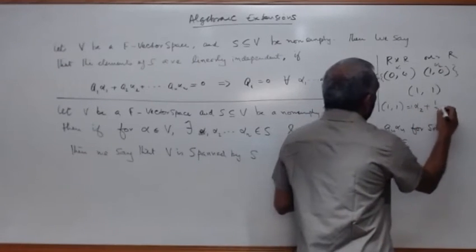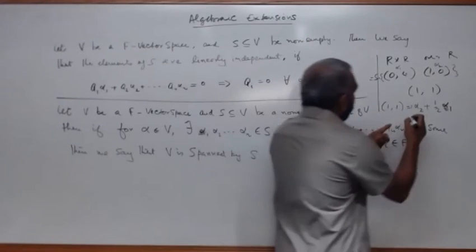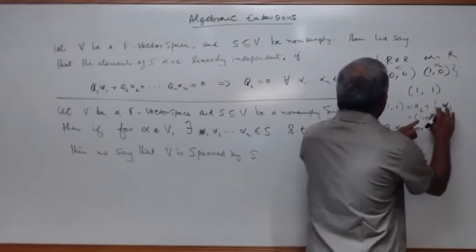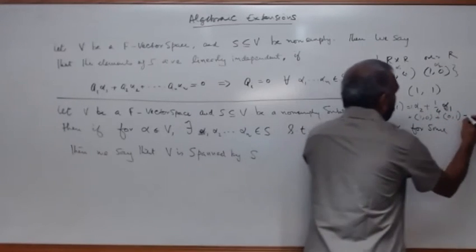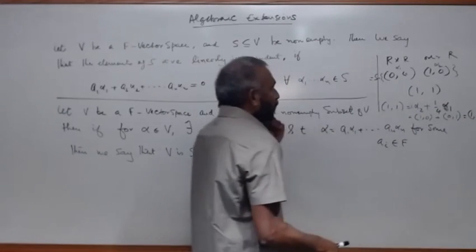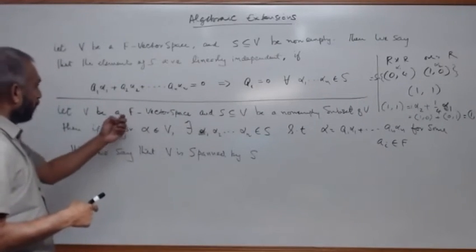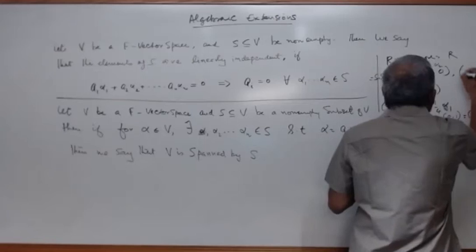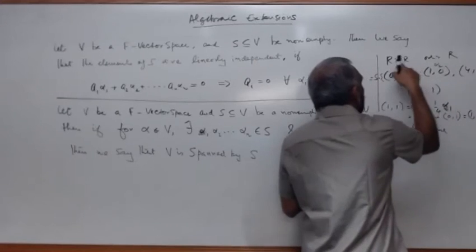See, 1 time alpha 1 is 1, 0 plus this. And that is going to be 1, 1. So you can find 1, 1 as a linear combination of these two elements. So these two elements actually span V. We can keep on adding stuff like this, again 4, 3, till it spans R cross R.